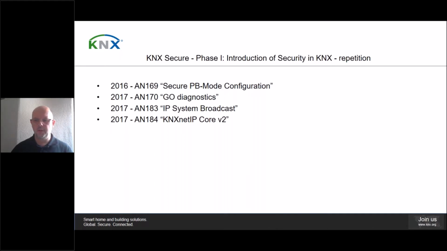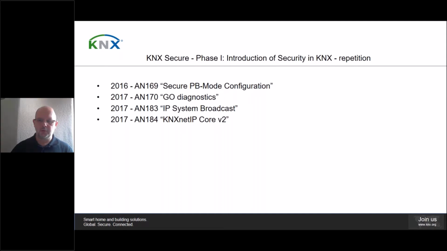AN185 KNX IP tunneling version 2. This allows the tunneling client, when setting up a tunneling connection, to indicate a specific individual address that it wants. This is because for data security, the key for point-to-point communication is linked to the individual address. So getting the proper individual address is necessary.